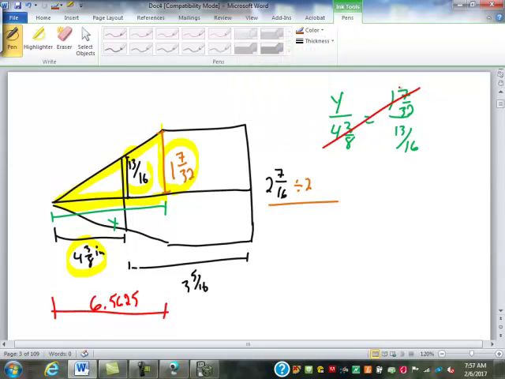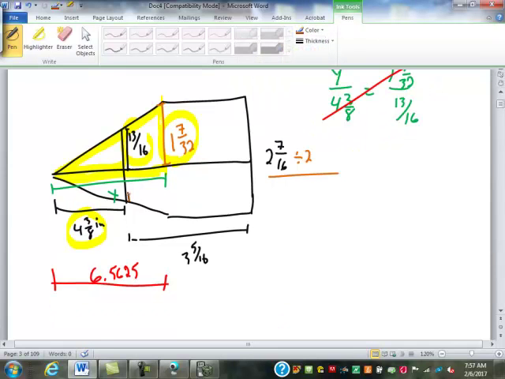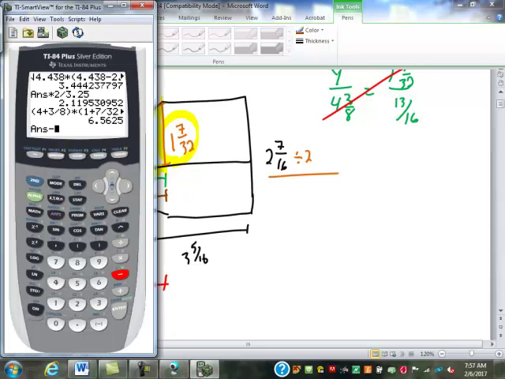Now I need to know what's the distance from here to here. So I'm going to subtract the 4 3/8, which is 4.375. 2.1875.